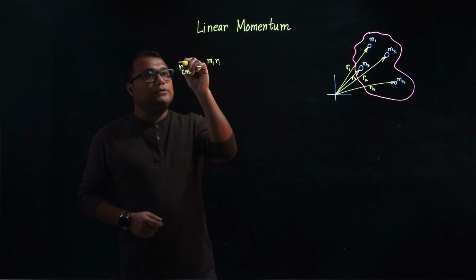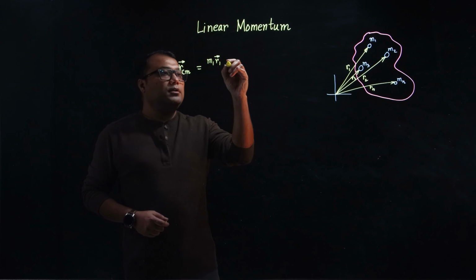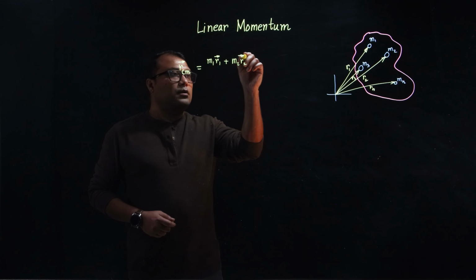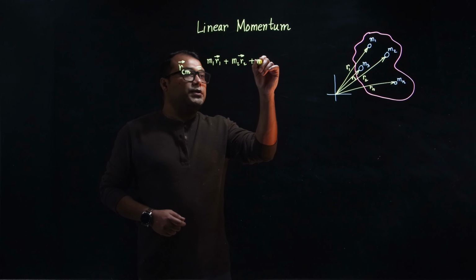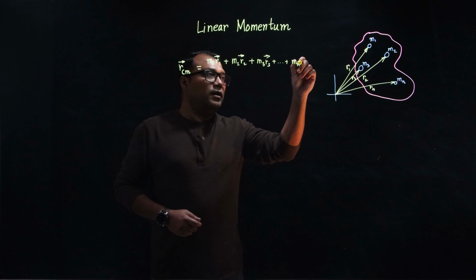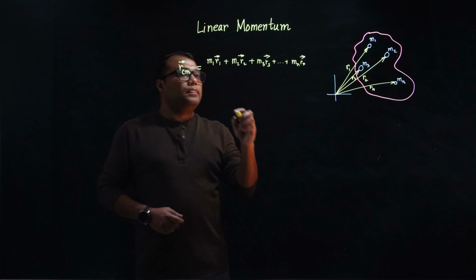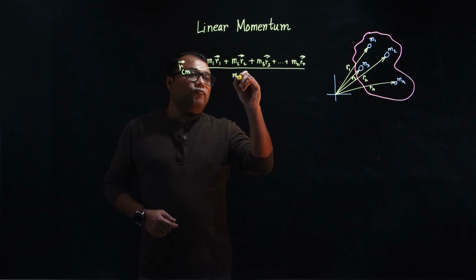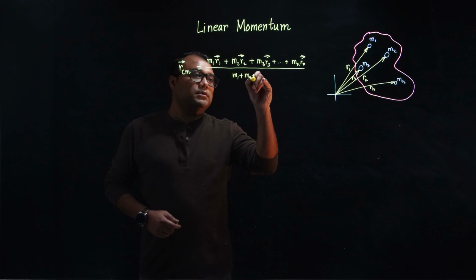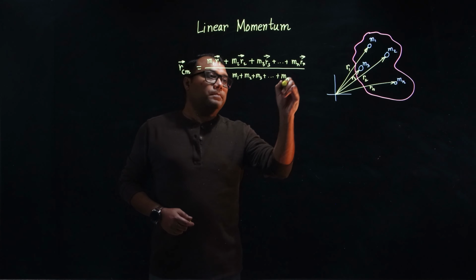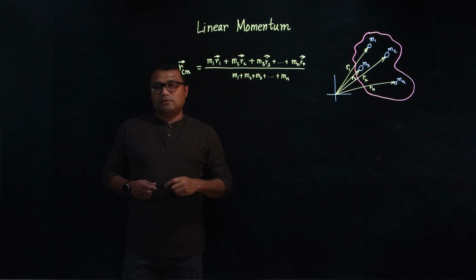So, these are all vectors. m1 R1 plus m2 R2 plus m3 R3, like that up until mn Rn, divided by m1 plus m2 plus m3 up to mn. So that is the center of mass.